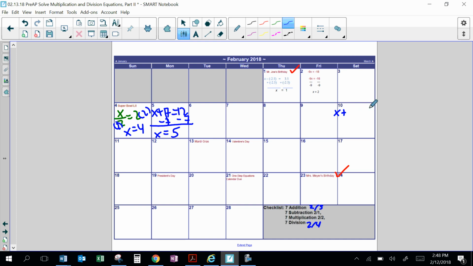I'm going to do a decimal maybe. x plus 8.5 equals 11.5. I don't know if this is going to work, so you may not want to copy this down. This is an addition problem, so the inverse of adding is subtract. Subtract 8.5, subtract 8.5. Cancel. 11.5 minus 8.5 is 3.